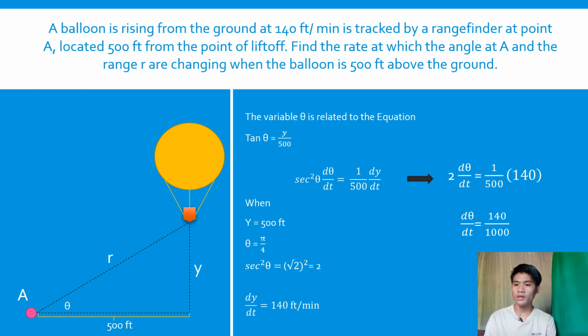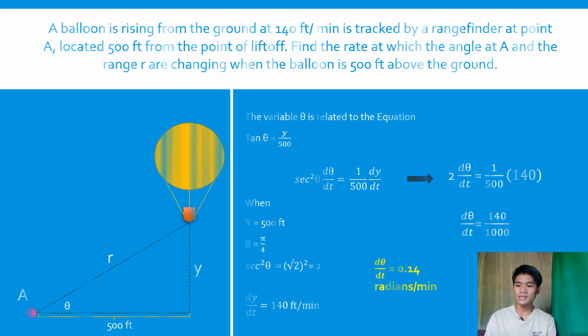So we came up with d theta over dt, the derivative of theta with respect to time, equal to 140 over 1000, and then we have this final value, which is 0.14 radians per minute. So the rate at which the angle at A is changing is 0.14 radians per minute.